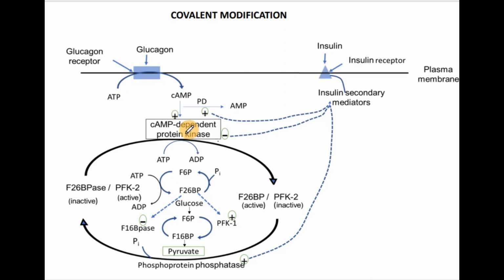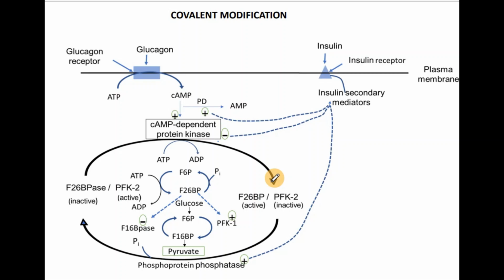Whenever you hear the word kinase, it just means that it does a phosphorylation from ATP. So when I produce cyclic AMP from ATP by adenylate cyclase, I activate the cyclic AMP dependent protein kinase, which then causes phosphorylation of the bifunctional enzyme.